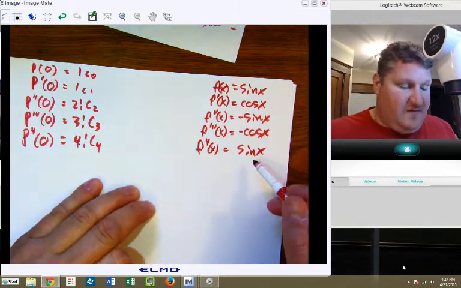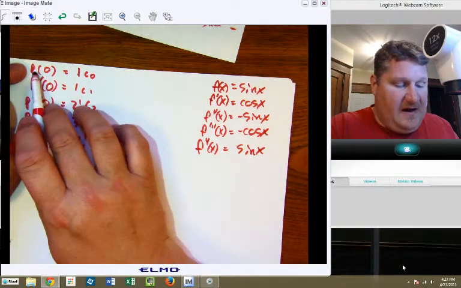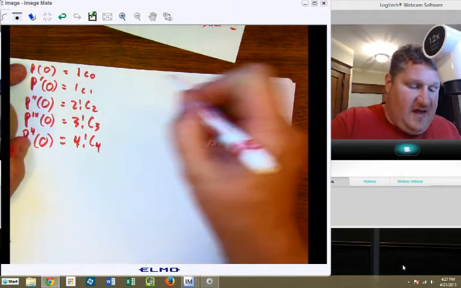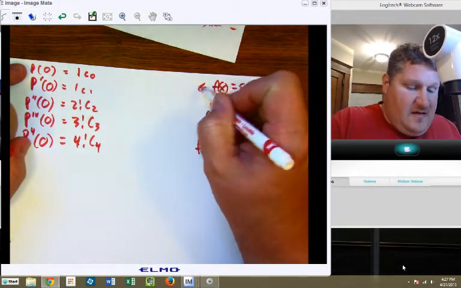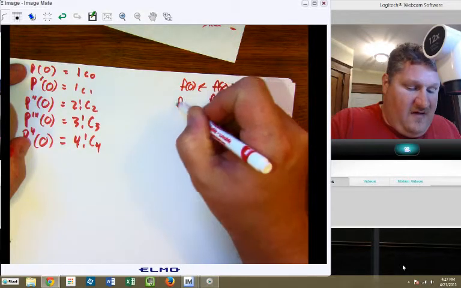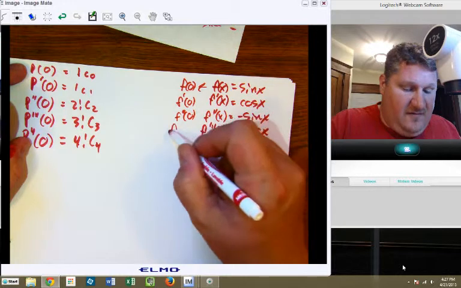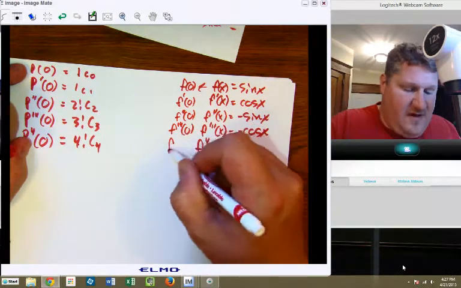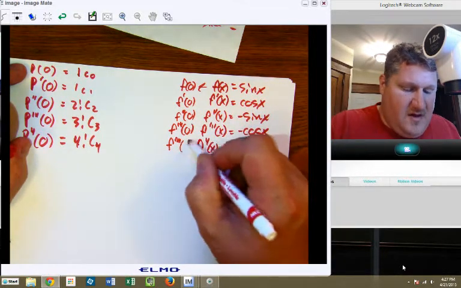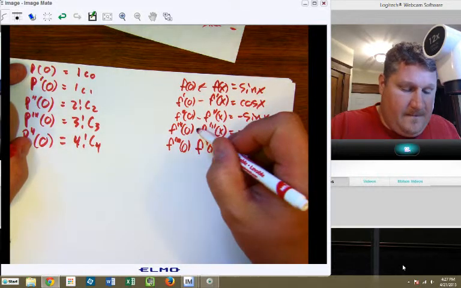So we have this, but again, if we're expanding around 0, I can say f of 0, f prime of 0, f double prime of 0, f triple prime of 0, f quadruple prime of 0.